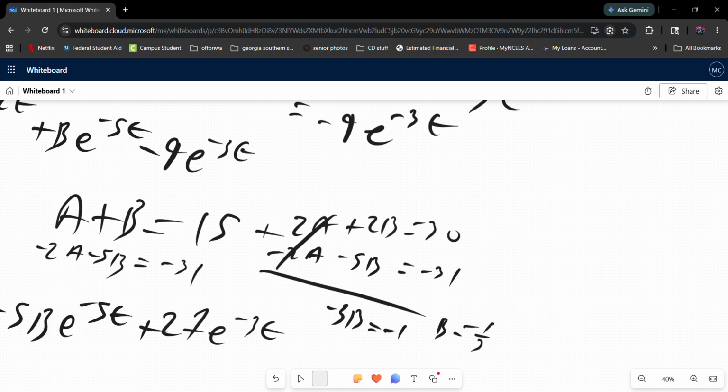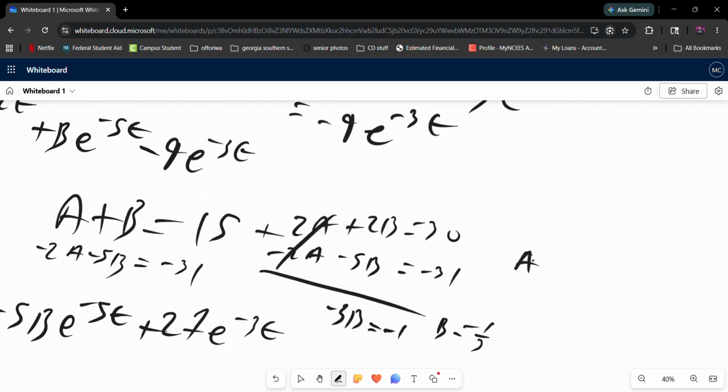So we plug in a third for b, and we move it over. So 15 minus a third is going to be, hold on, let's just go ahead and multiply that by 3. I'm just going to leave it as a mixed number because I don't want to leave it as a decimal. So we're going to have 45 thirds minus 1/3, that's 44 thirds.